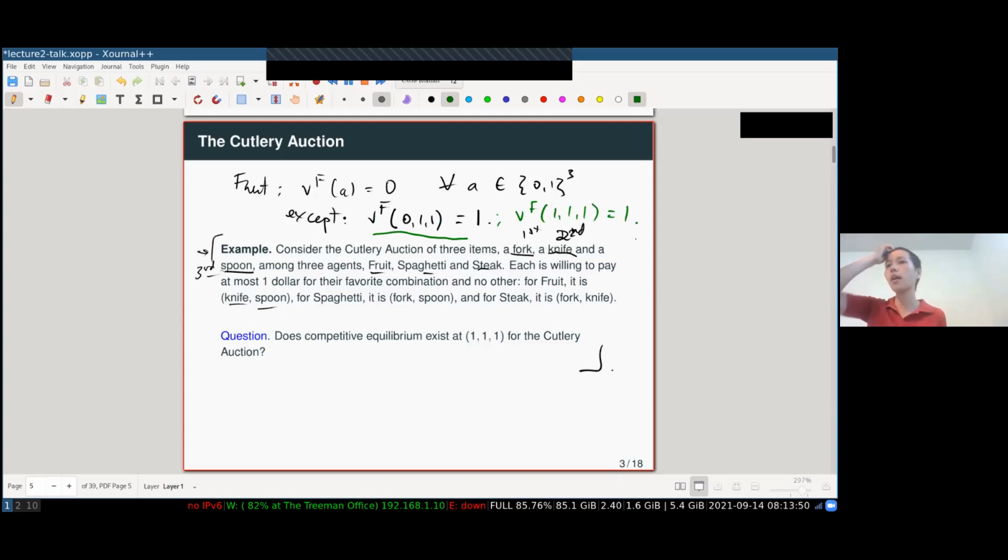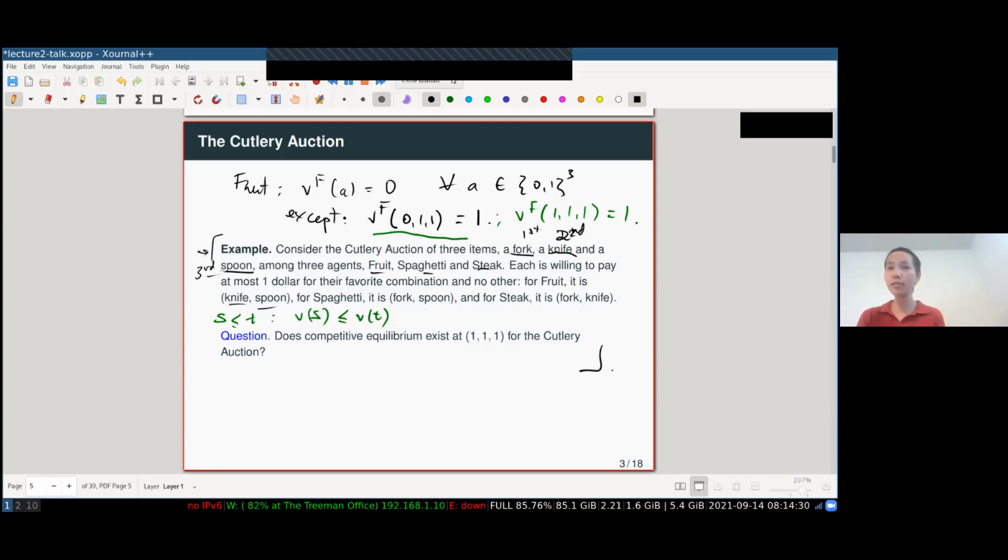This is a common assumption in an auction: if a point S is less than a point T, then V of S is less than or equal to V of T. The idea is, if a bundle has more items than you wanted, you buy the bigger bundle and throw away the items that you don't want. So the valuation for the bigger one is at least as big as the valuation of the subset. It's just a normalization to make this function non-decreasing.